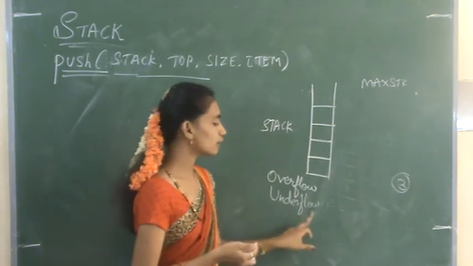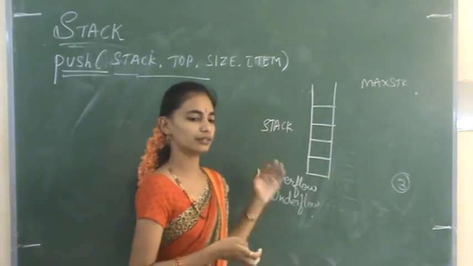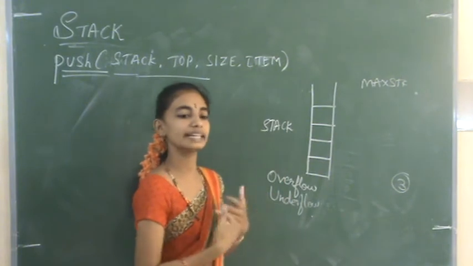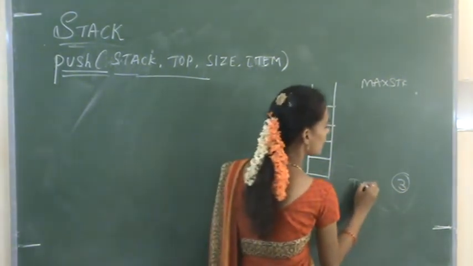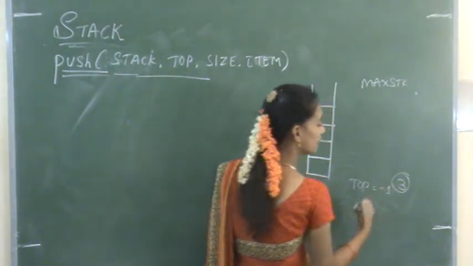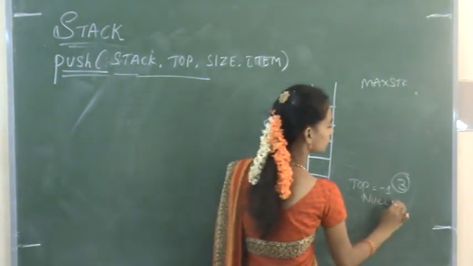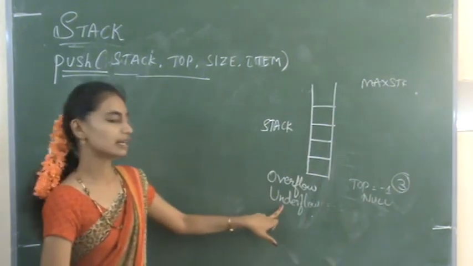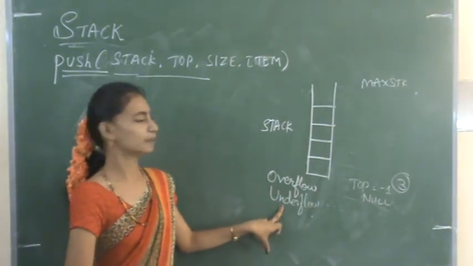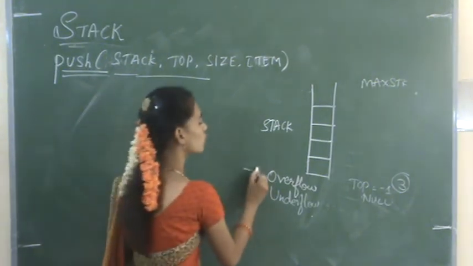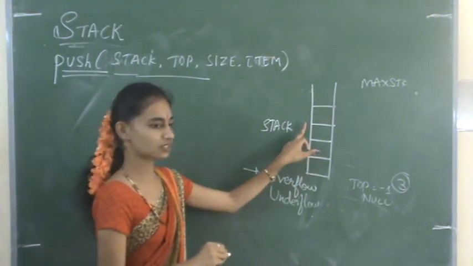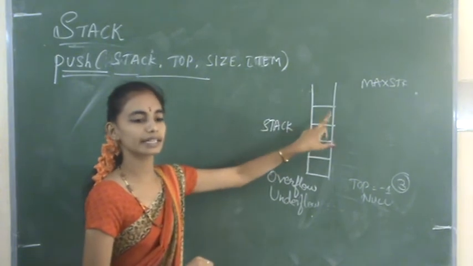Underflow is used when we are deleting an element. When the top value is equal to -1 or null, then we call it the underflow condition. So the overflow condition has to be checked before inserting an element.